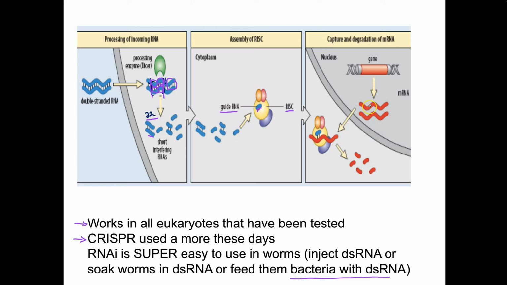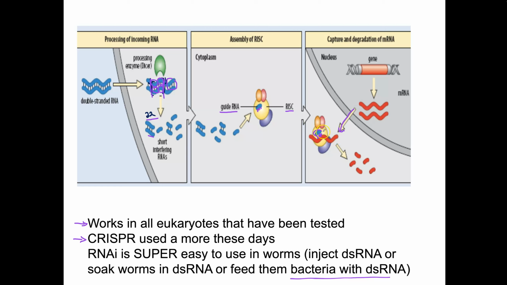So here's our gene. It's being transcribed inside the cell. Here's the messenger RNA. Out it comes, out of the nucleus into the cytoplasm. And here is the RISC complex with this guide RNA, and the guide RNA goes, oh, okay, I can bind to you with complementary base pairing because I have the complementary sequence.